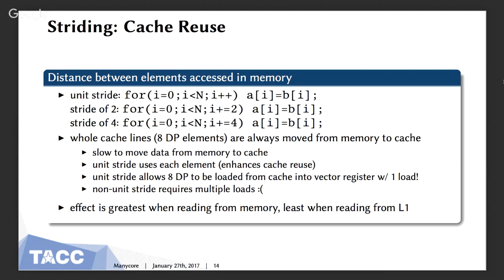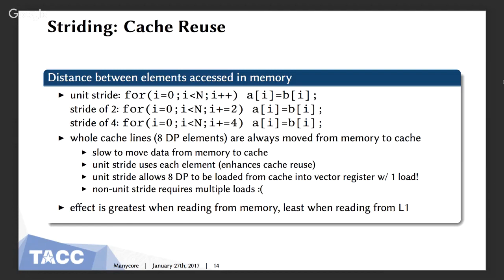Stride of 2 is if I was accessing every other element. So in the second row, my for loop has an incrementation value of 2, so I'm accessing every other element in these arrays. And then so on with the stride of 4.